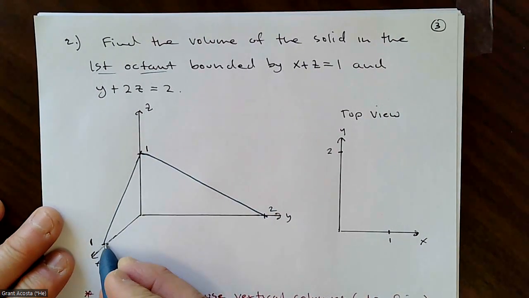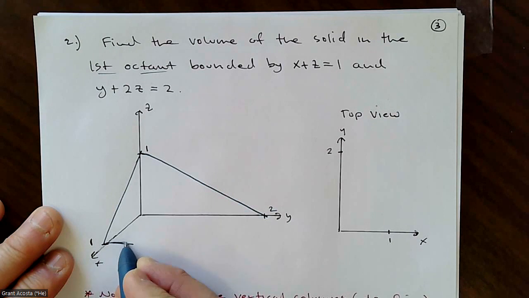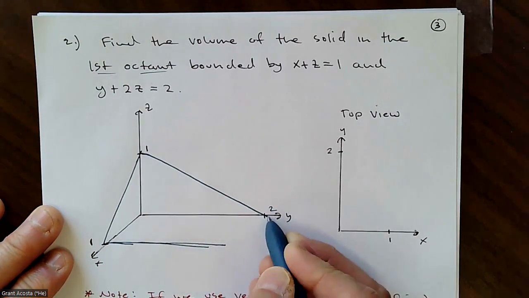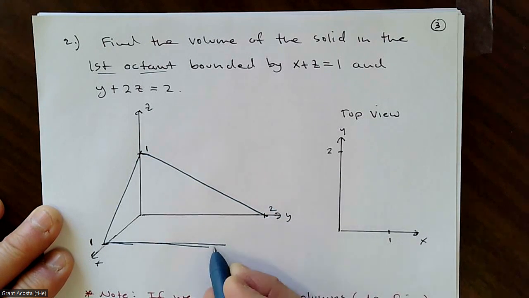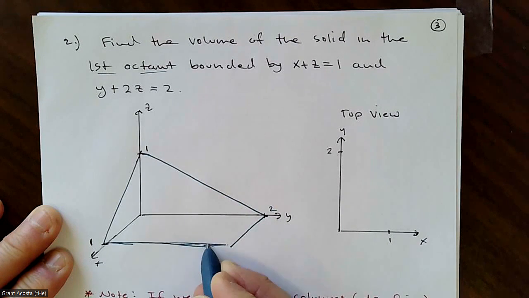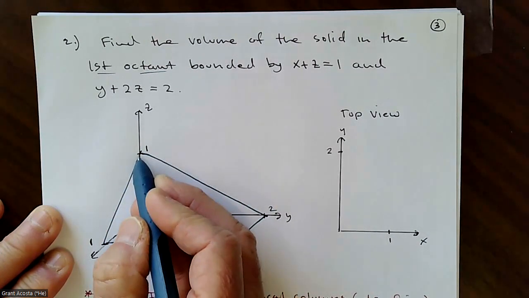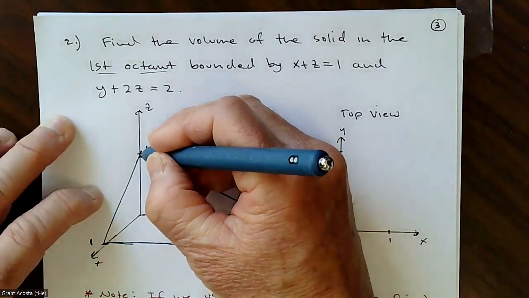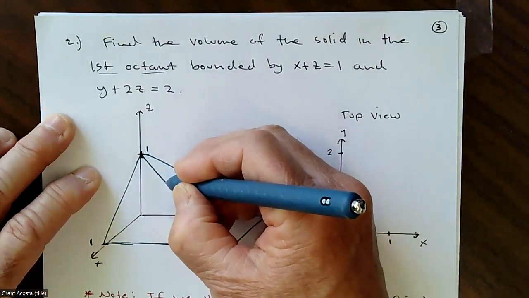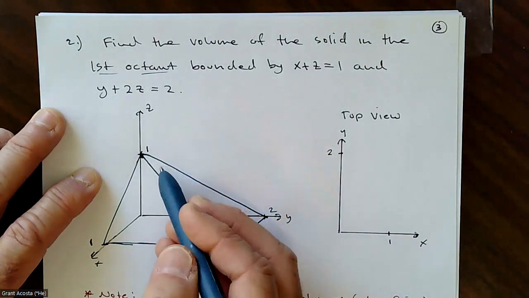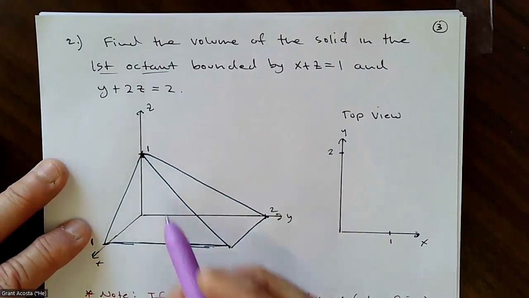This bottom part, I'm going to go ahead and stretch out in the y direction, and I'm going to stretch out the bottom here in the x direction. And perhaps you can see, if I stretch this line out, it's going to intersect this plane, and there's going to be a line of intersection that's going to go from here to here. So let's see if I can color code this.